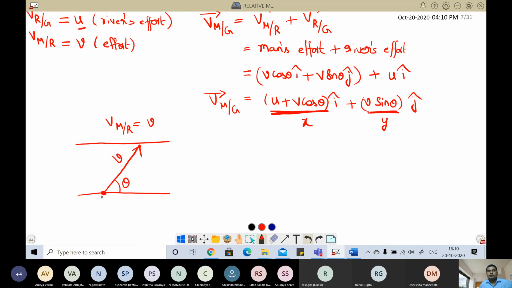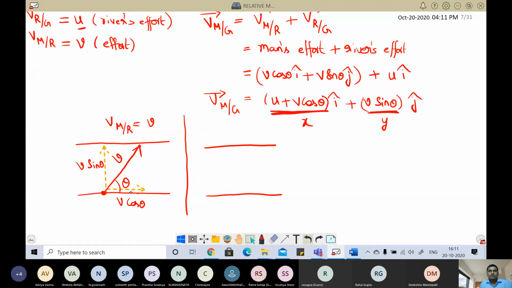Now it has components: this is called v cos theta and this is called v sin theta. After that we draw another diagram taking only these components. First this is v cos theta and this is v sin theta.